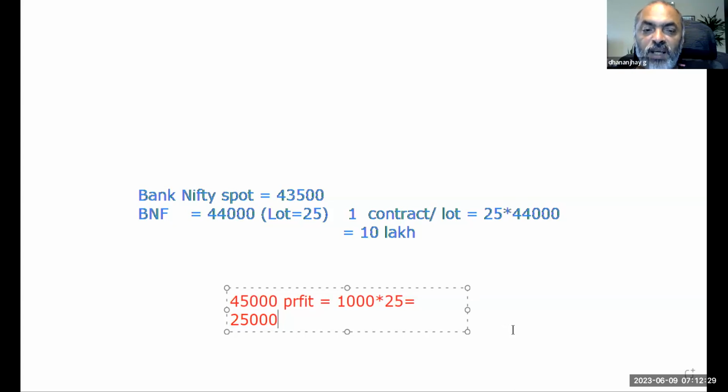What instrument am I trading here? Bank Nifty future. So the Bank Nifty future is the instrument I am trading, and I am concentrating on the Bank Nifty futures price fluctuations.